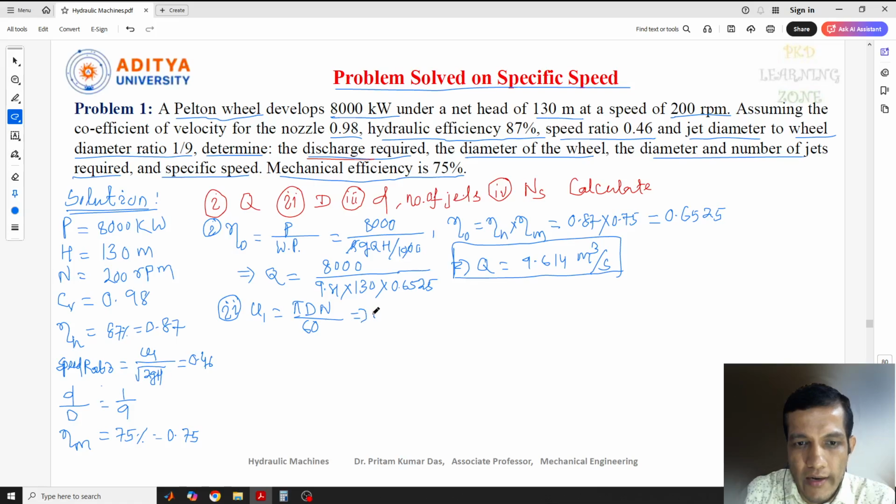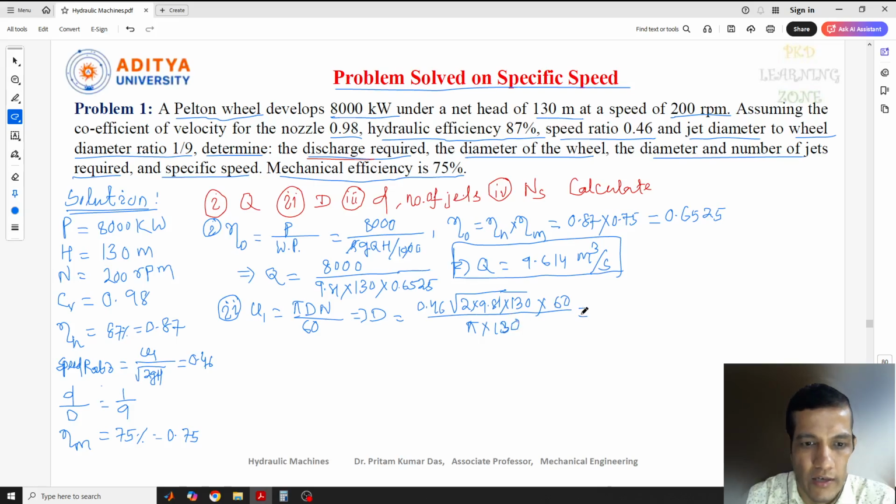So I can write d equal to, in place of U1, 0.46 root over 2 into 9.81 into h, h is how much? 130.